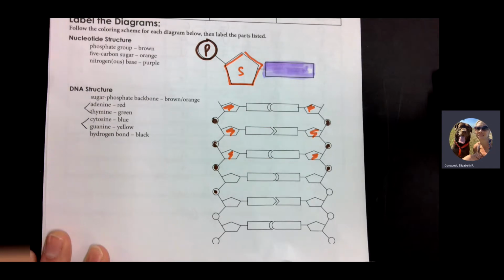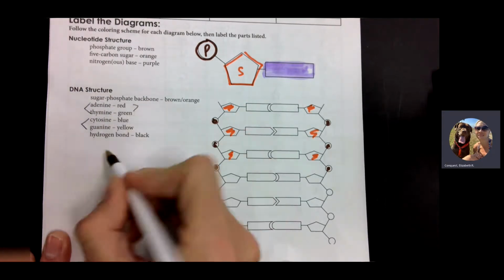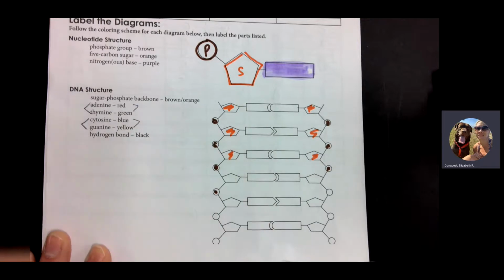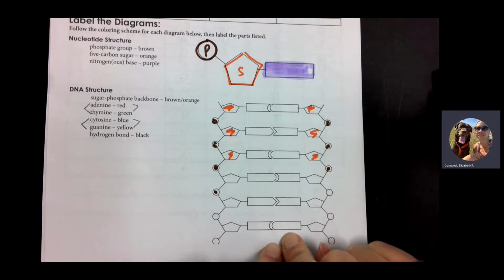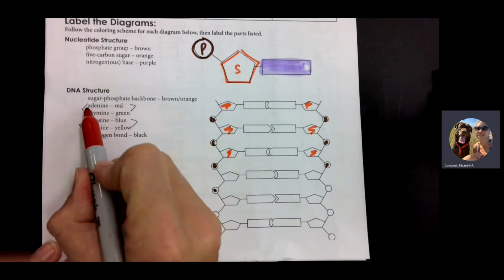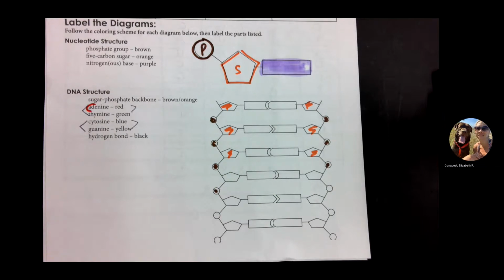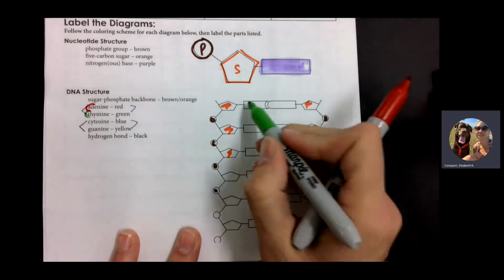Apples in a tree, cars in a garage. So adenine, thymine are going to be red and green. C and G are going to be blue and yellow. Well, Miss Conquest, which one is which? Does it matter? It does not matter as long as you stay consistent. All right, so if I have red and green, if adenine is red, thymine's green, let's just say I want the first two to be red and green.